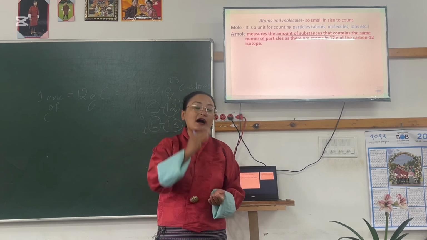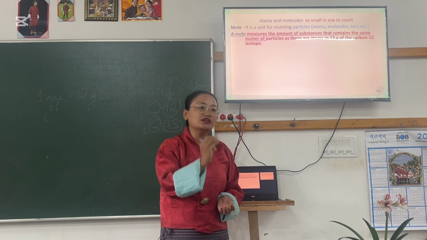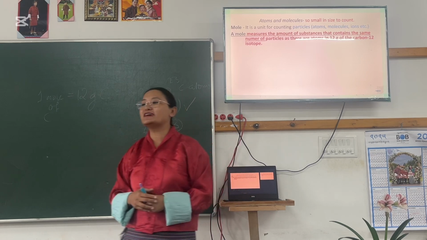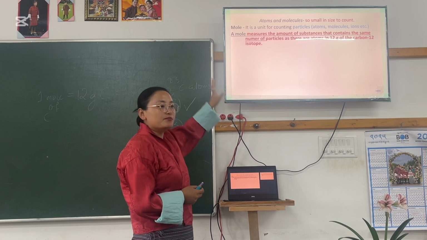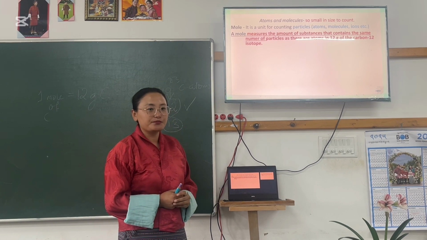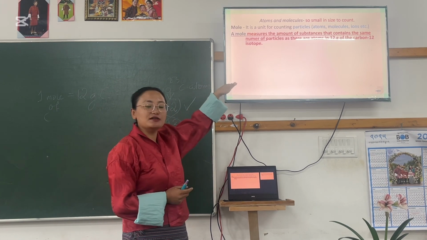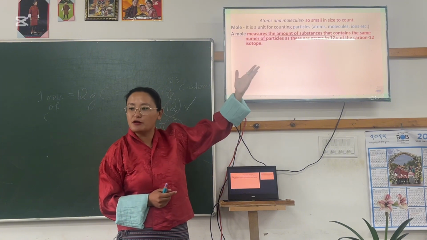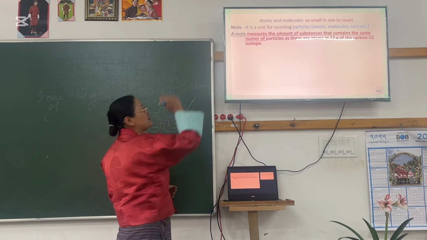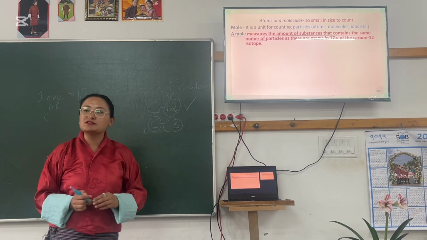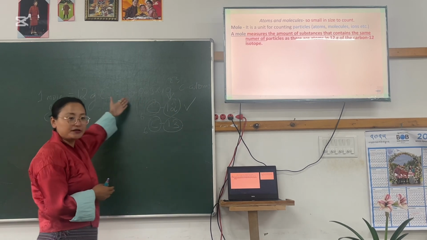So I wanted to find the definition of how a mole is defined at present. This is the traditional one, but you should understand this also. 1 mole means there is Avogadro's number of particles. What they have written is that 12 grams of carbon-12 isotope contains Avogadro's number, like we saw here.